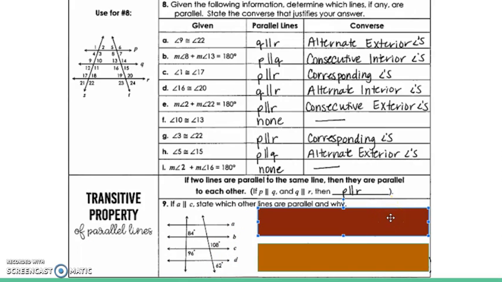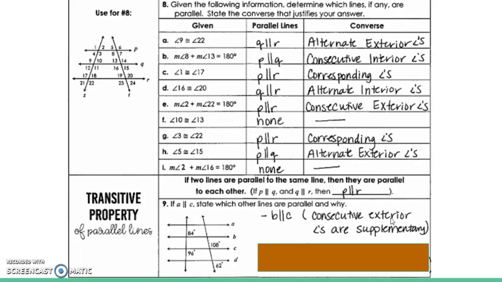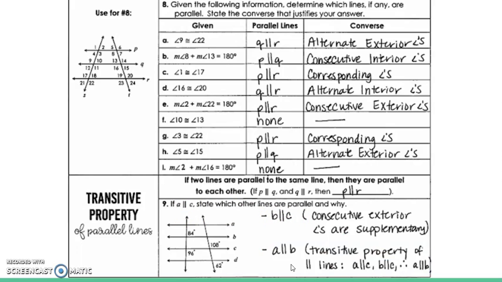So the first thing that we can pick from this is that line B is parallel to line C because we have consecutive exterior angles that are supplementary. So our same side exterior angles. Then the other thing that we can look at is because A is parallel to C and B is parallel to C, I can say that A is parallel to B using that transitive property.